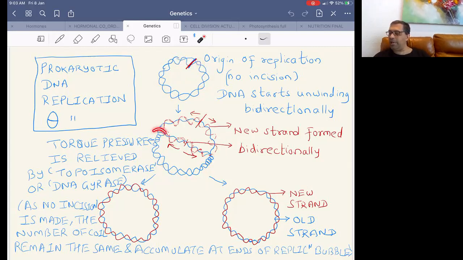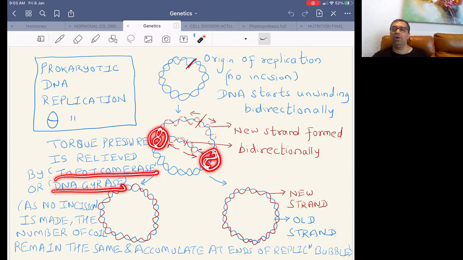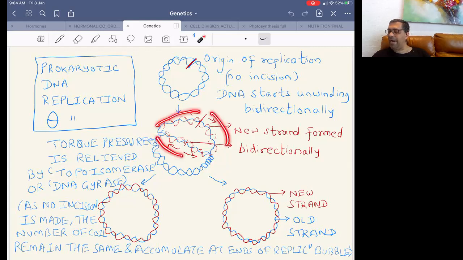The torque pressure is relieved by topoisomerase or DNA gyrase, which will remove the torque pressure. And new nucleotides are supplied by DNA polymerase. So याद रखना, there was no endonuclease. Hydrogen bonds were broken by helicase.